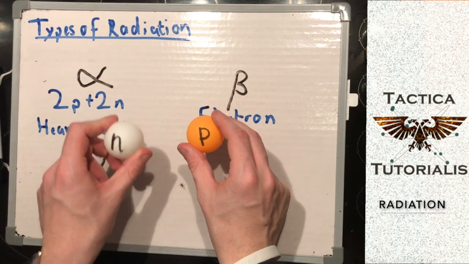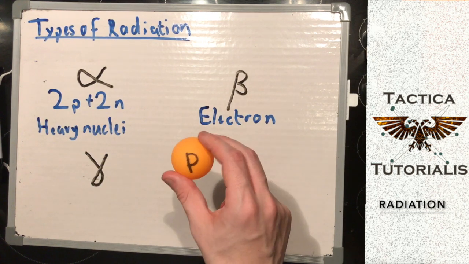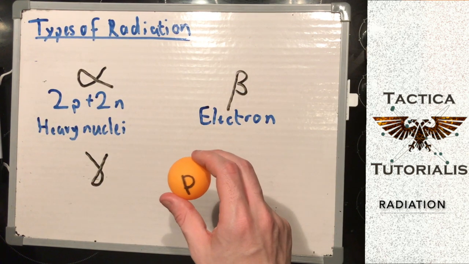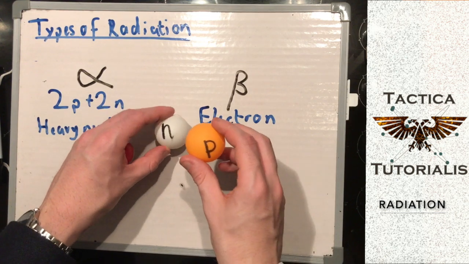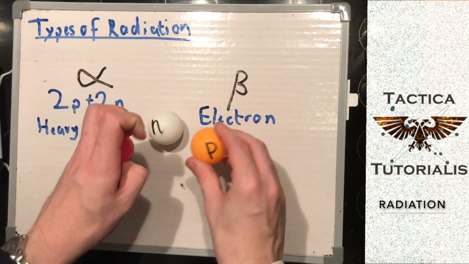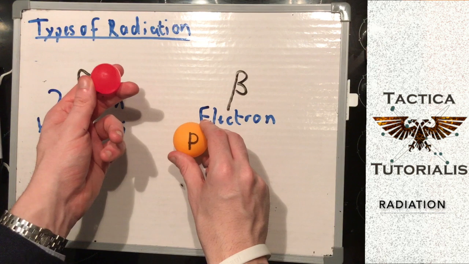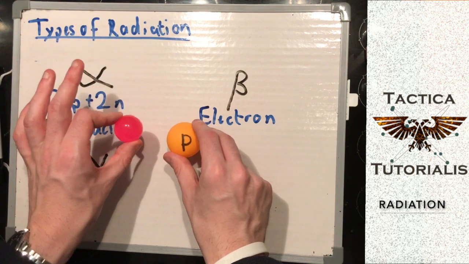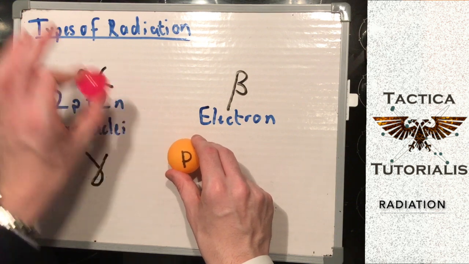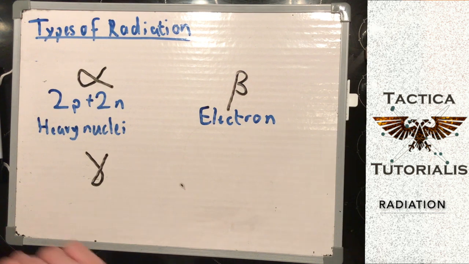But neutrons have no charge and protons do. So in order to gain that positive charge, the neutron decays, transforming itself into a proton and releasing an electron along the way. So an electron comes out from the nucleus and is ejected as beta radiation, and you're left with a proton.